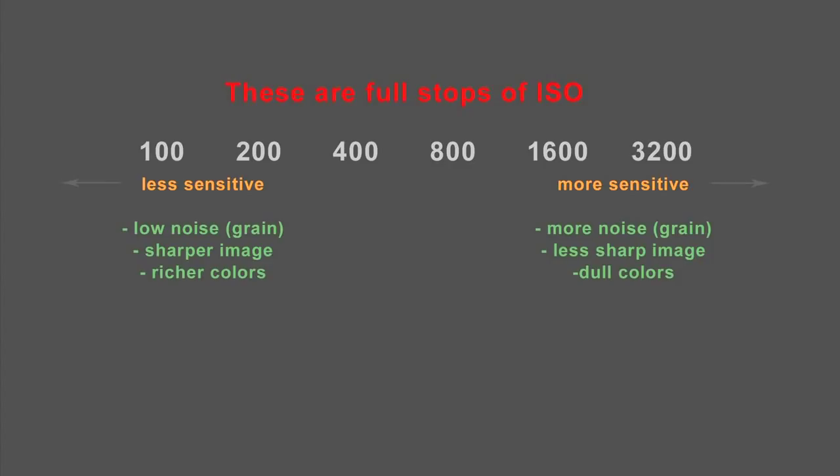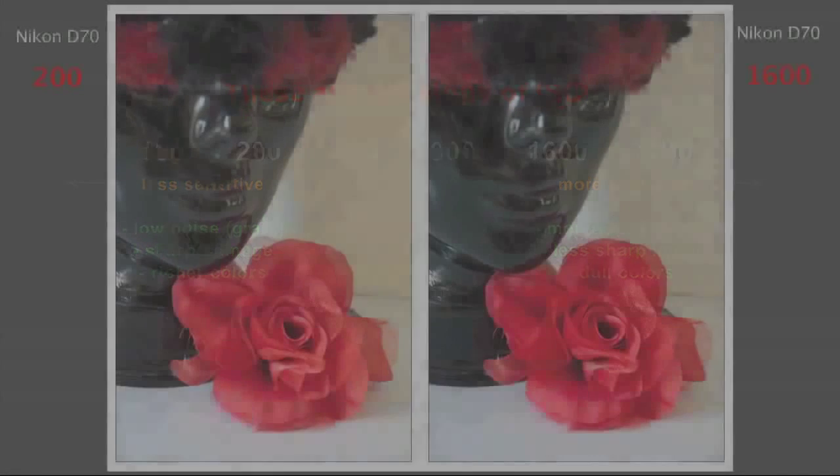Images with a high ISO tend to be more grainy and less sharp, and the colors are not as rich and vibrant as in pictures shot on low ISO. So it is recommended to use as low an ISO as possible in a given situation, because the image quality will be much better with a lower ISO.